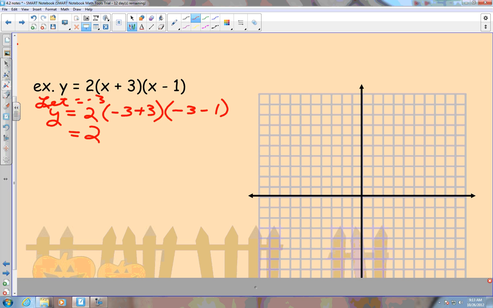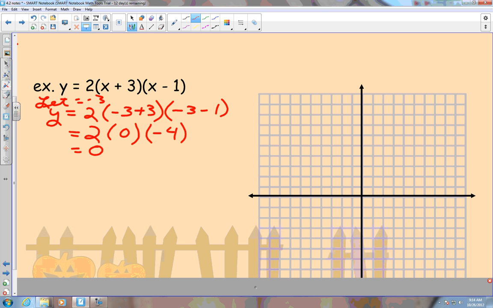Negative 3 plus 3 is 0. Negative 3 minus 1 is negative 4. What's 2 times 0 times negative 4? 0 times anything is 0. So that's 0.